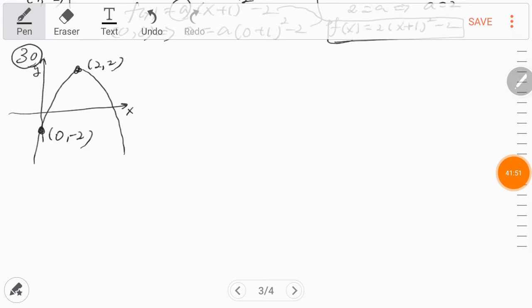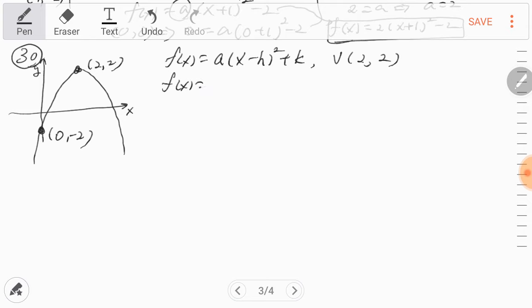Okay, let's do another example. The vertex is 2 and 2. So f of x is equal to a times x minus h squared plus k. Plug in h and k. So f of x is equal to a times x minus 2 squared plus 2. And then let's find this a. Use the point 0 and -2.